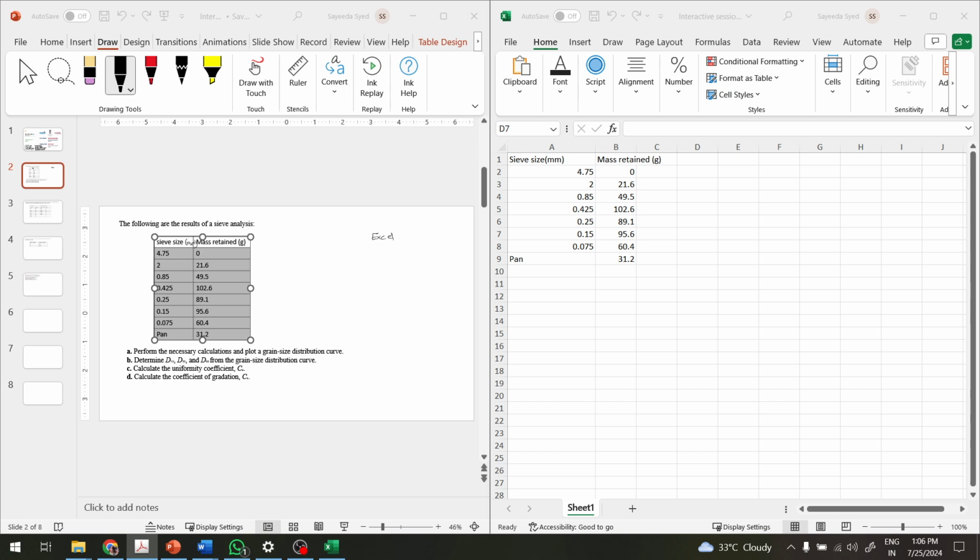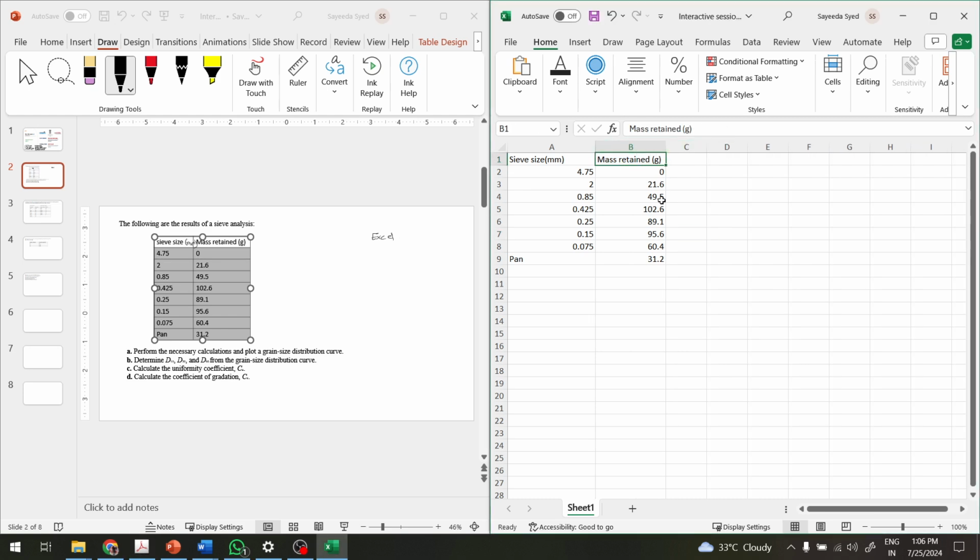Okay, so this is the mass retained on each sieve, and as you might have studied, what we need is the percentage finer. So what we will do is first we will calculate the cumulative mass retained above each sieve.